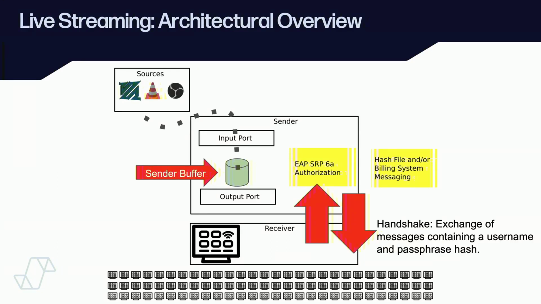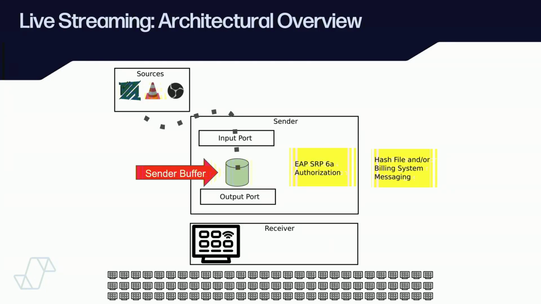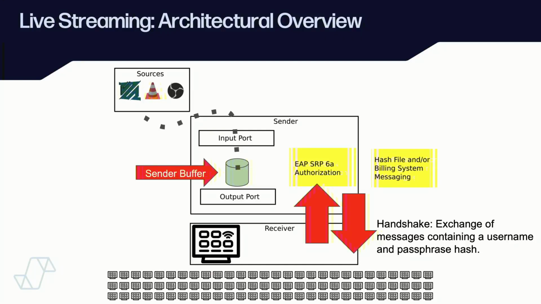listening to the communication. So next, we have the handshake. You send the buffer, and we're going to start a handshake exchange. This is an oversimplification of the EAP-SRP6a protocol. It's a lot more complex than this, but for the interest of our presentation, it gives you an idea of what's happening. There's a full spec that we have published. So the receiver starts the handshake process.